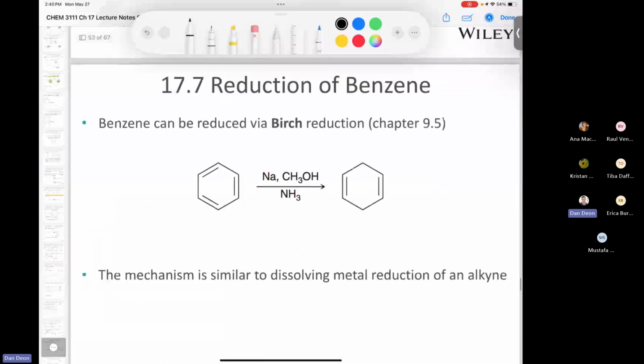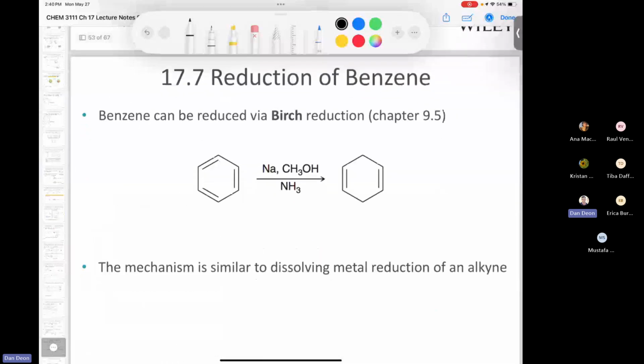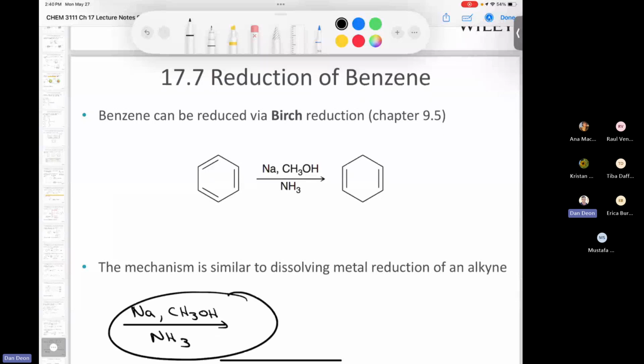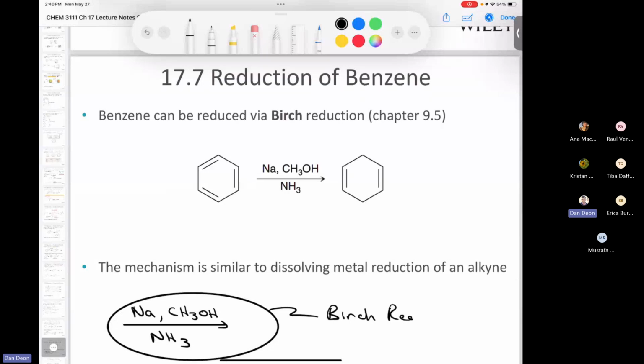And for the Birch reduction, you need sodium and methanol, and you need ammonia. These conditions together make up what we call the Birch reduction.